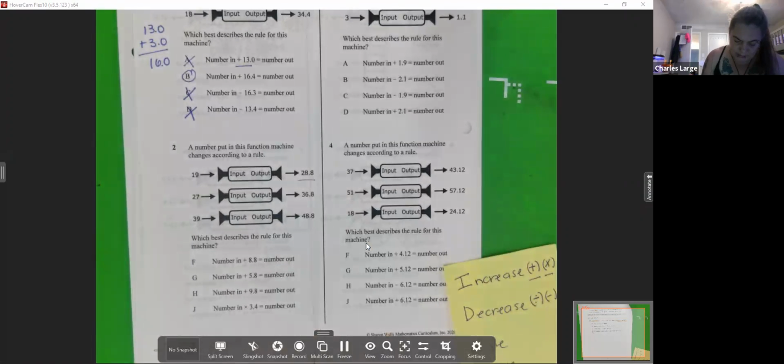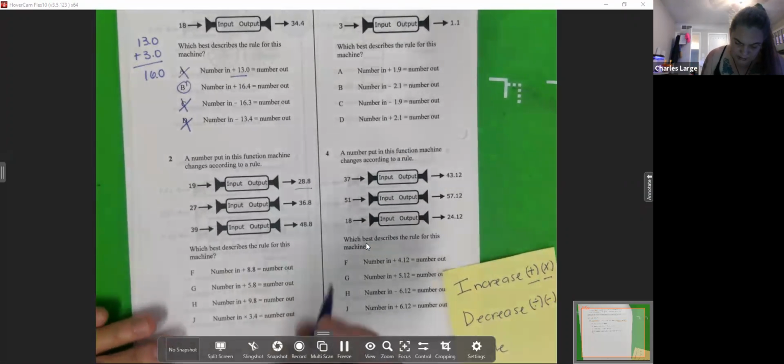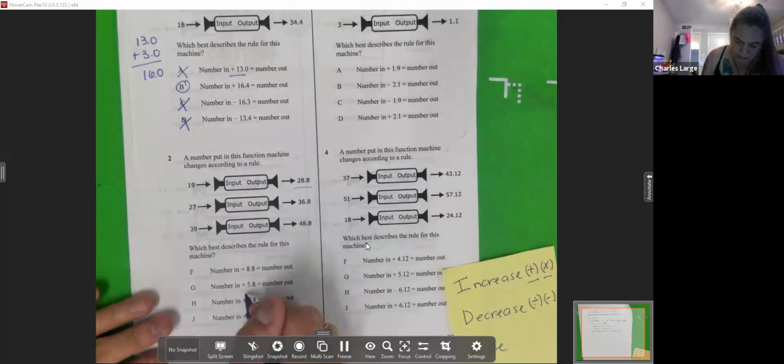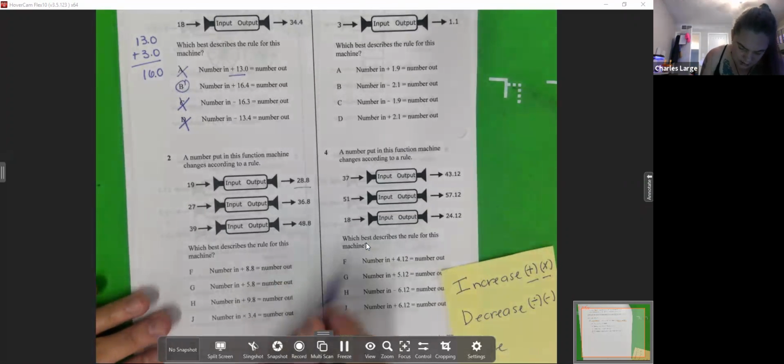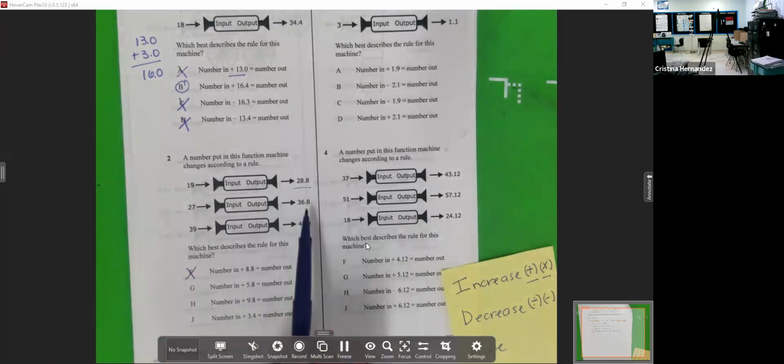And then I do the same thing with the 19.0 plus 5.8. Yes. So yeah, the same thing until you get your output over there. 5.8. 8. 14. 24.